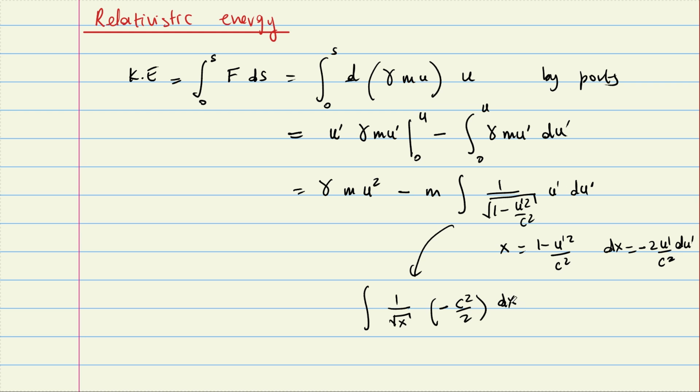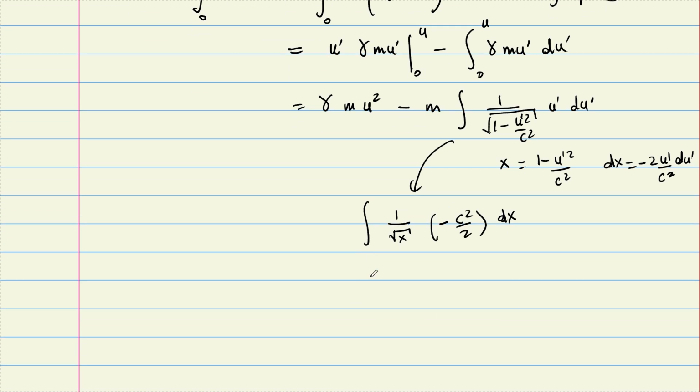Okay, now this integral can be taken. So this is minus a half c squared times 2 root x, right? And I need to divide by this so that when I take the derivative, I have this one. Is that correct? Yes.